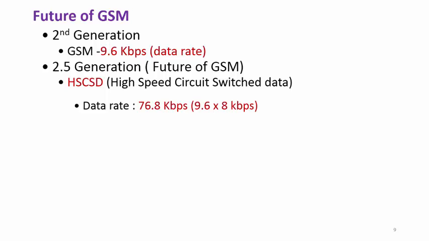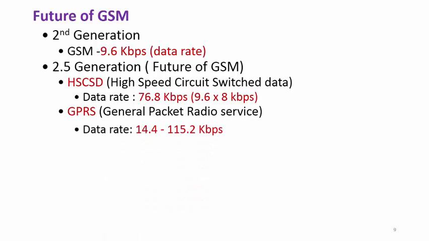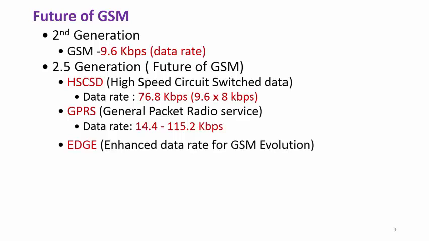It is about 76 kbps, or we can say 9.6 into 8 channels, that is 76.8 kbps of data rate. The second feature is GPRS, General Packet Radio Service, which provides 14.4 to 115.2 kbps of data rate.